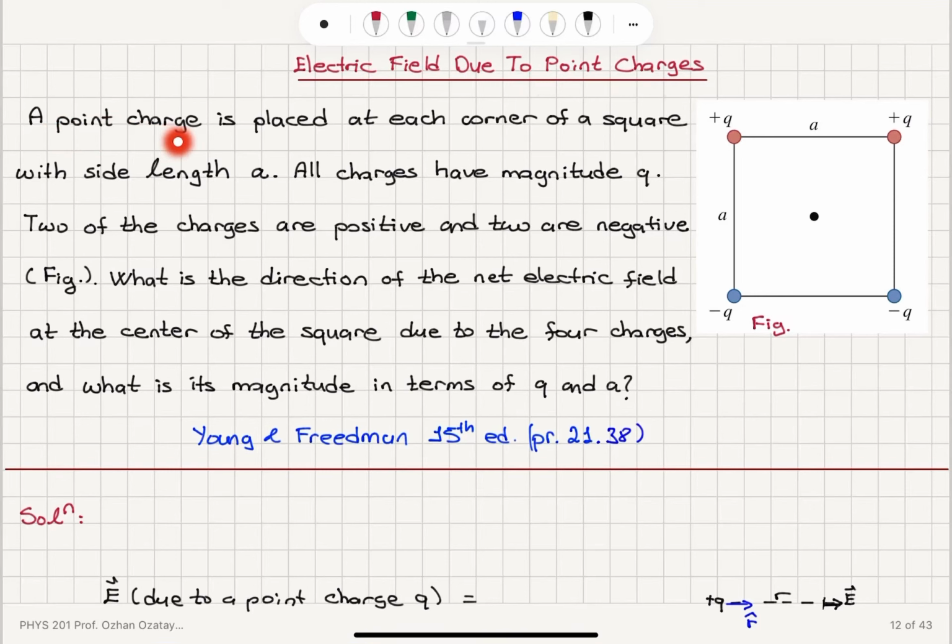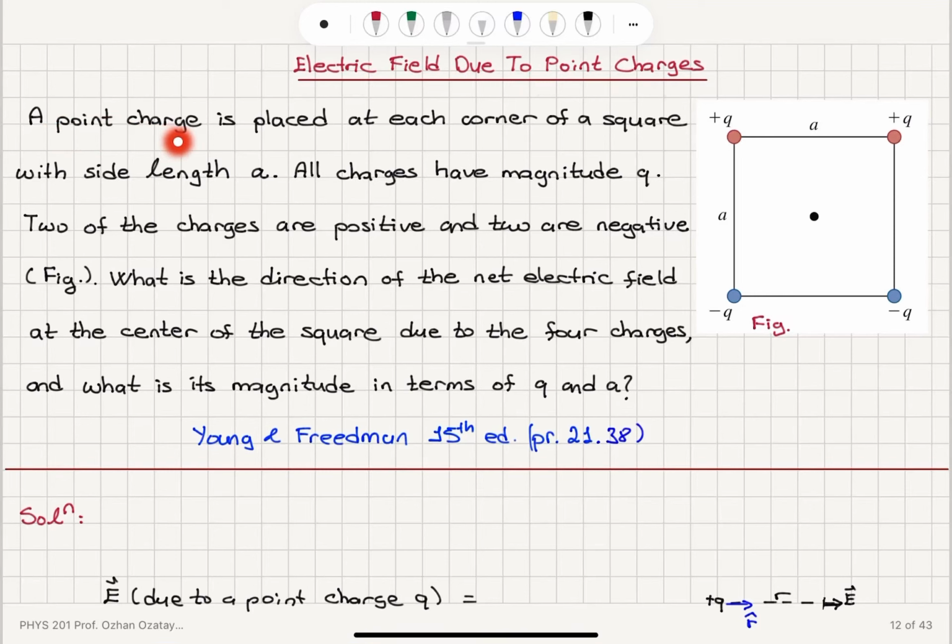So we find the distance between the point charges and the center point to be a square root 2 divided by 2. And what is the electric field due to a point charge?